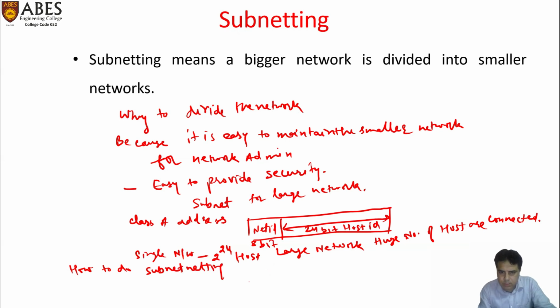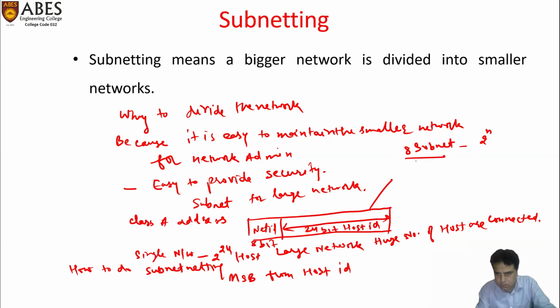For subnetting, we use the most significant bits from the host ID. Suppose we have to divide this network into 8 subnets. This is 2 raised to the power n.